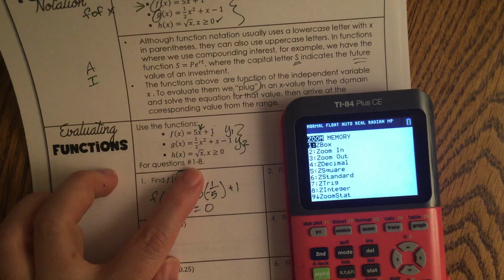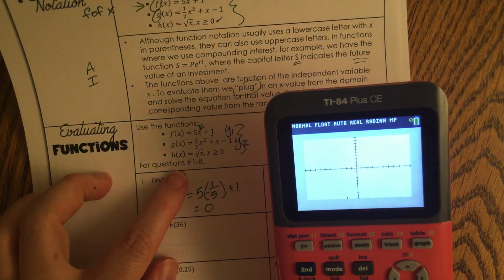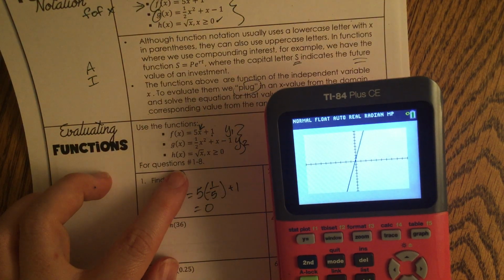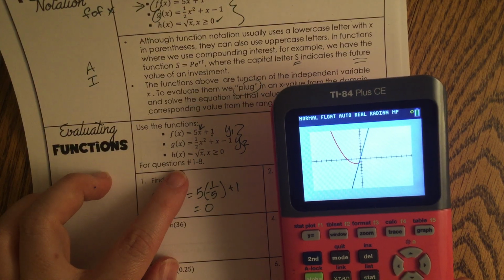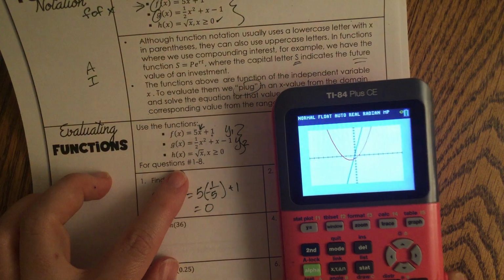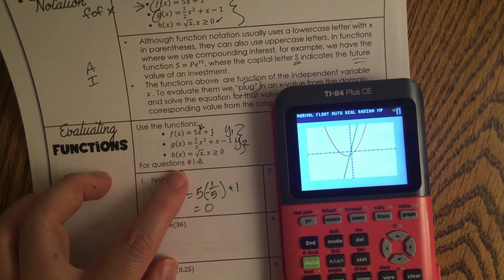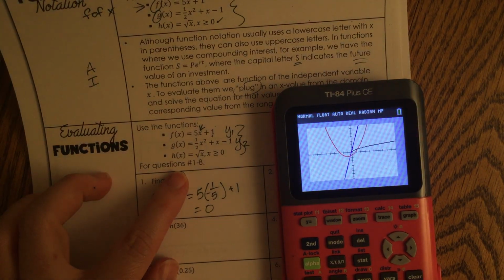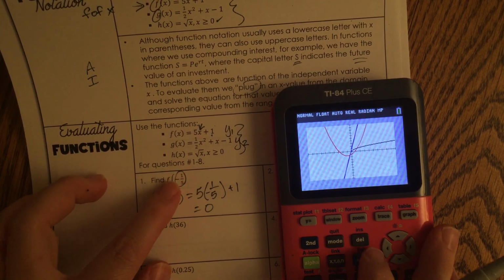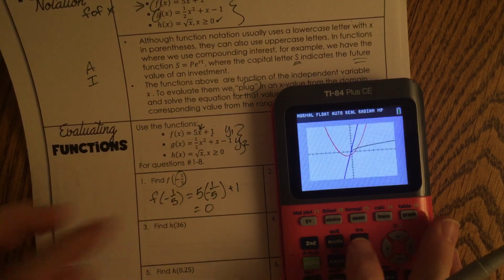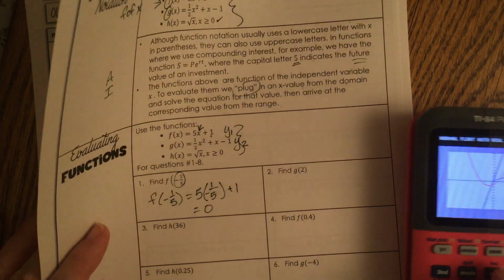Okay, so when we graph these functions, then we can identify or plug in x values and make the calculator find the corresponding y values using a value function.